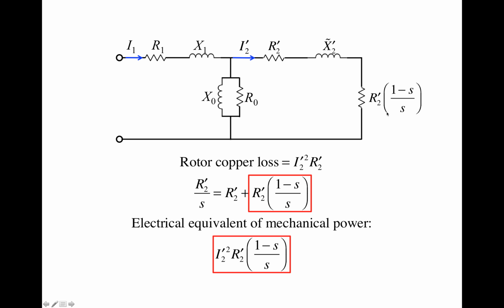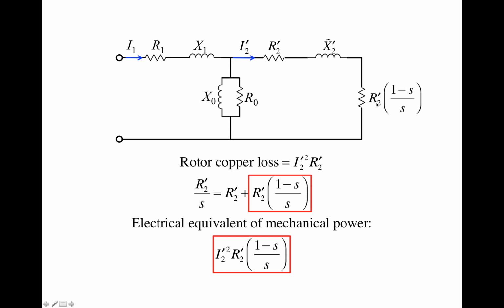So the electrical power that's dissipated by this fictitious resistor is actually connected with the mechanical power. If the induction machine is working as a motor, then the energy dissipated by this fictitious resistor is converted to mechanical power that's going to drive a load.